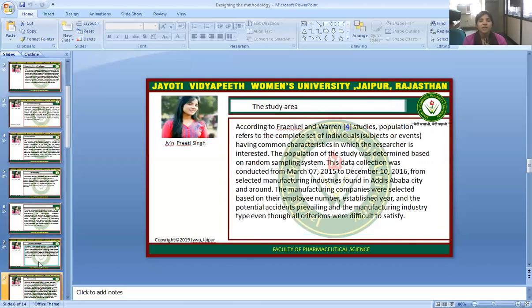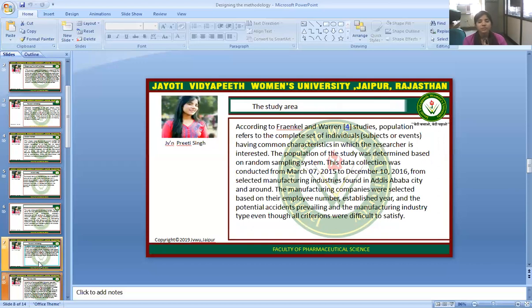So the study area, according to Franklin and Warren, study population refers to the complete set of individual subjects or events having common characteristics in which the researcher is interested. The population of the study was determined based on random sampling system.